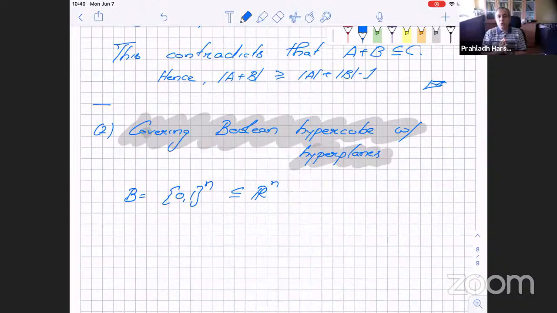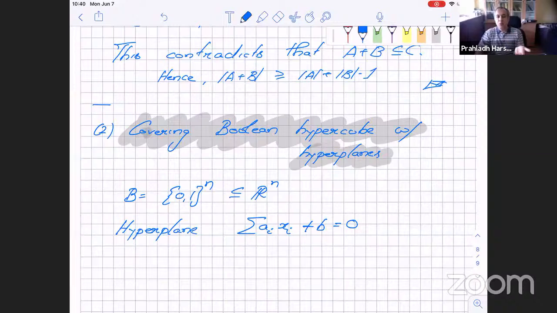What I want to now do is pick up hyperplanes. And what's a hyperplane? A hyperplane is basically something of the form summation a_i x_i plus b equals 0. That's a hyperplane. Now I want to pick up hyperplanes such that I cover all the points in the Boolean hypercube.